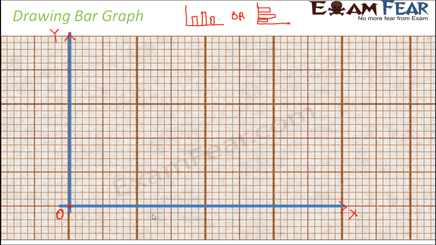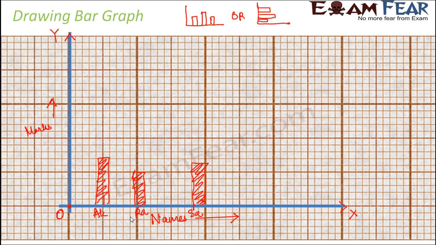If you assume the students' names would be along the x-axis and the marks scored along the y-axis, it could be Akash here, Rama here, Sahil here. So you will have names of students on this axis and the marks on the other axis. You will actually have graphs like this. These are your vertical bars.